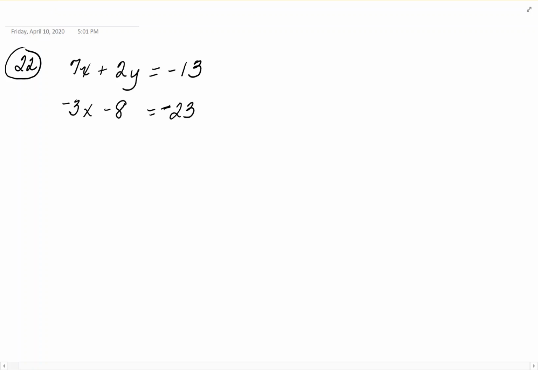Okay, and I'm sorry, that didn't show up. This is not a good system for using the method of substitution, because you have to use substitution, you either have to have an x equals equation or a y equals equation so you can substitute it in the other one. Neither of these is going to be easy.